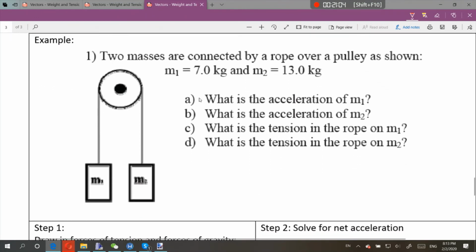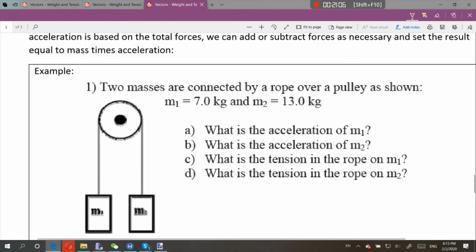Okay, a little bit more complicated conceptually. I've got masses connected by a rope over a pulley here, so mass 1 and mass 2, and a handful of questions I want to solve. So acceleration on mass 1, mass 2, and then tension on mass 1 and mass 2. For all of the questions that we do with pulleys in this class, I'm going to assume that the pulley has no mass.